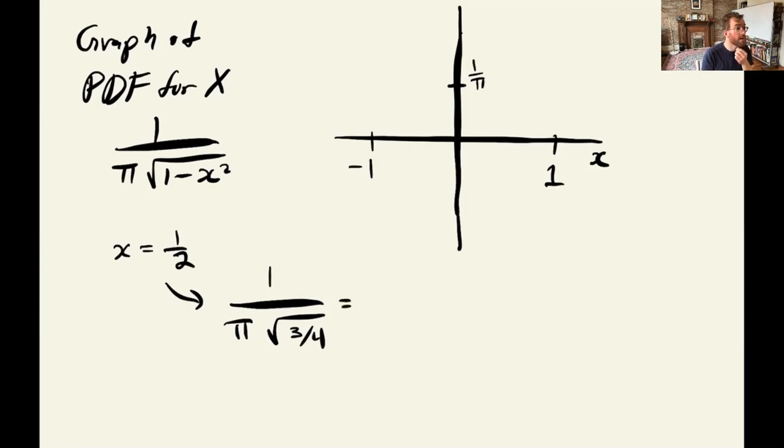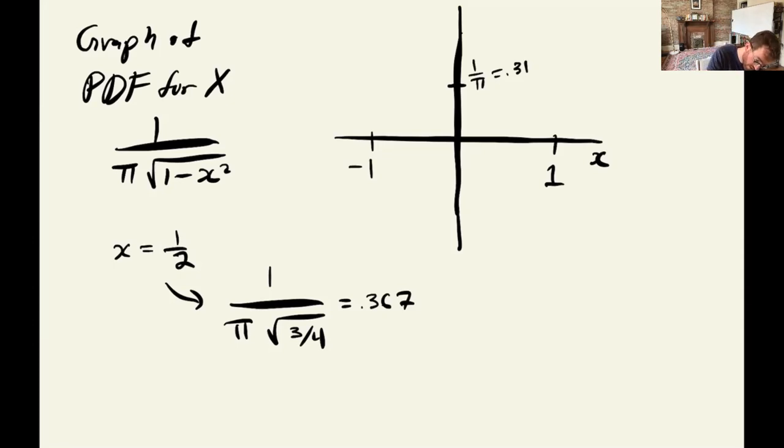So that ends up equaling 0.367. If we compare that with the value of just 1 over pi, which is about 0.31, we see that it's increasing. Indeed, as x approaches plus or minus 1, we're going to get closer and closer to dividing by 0.